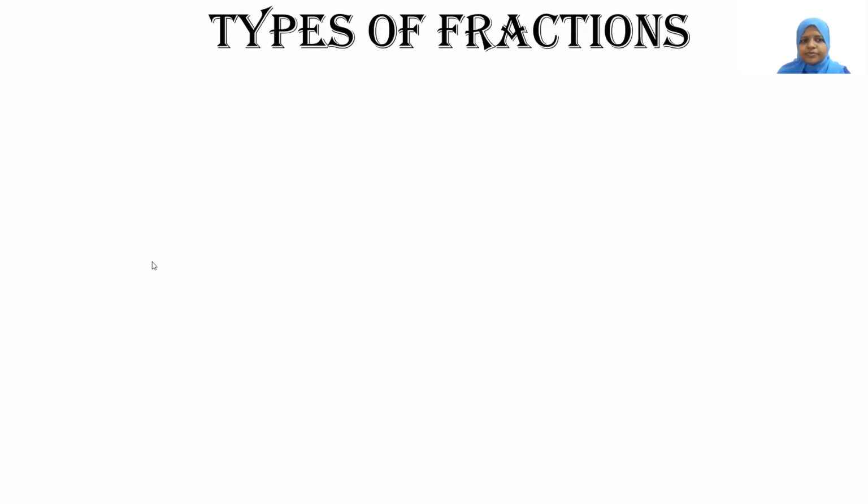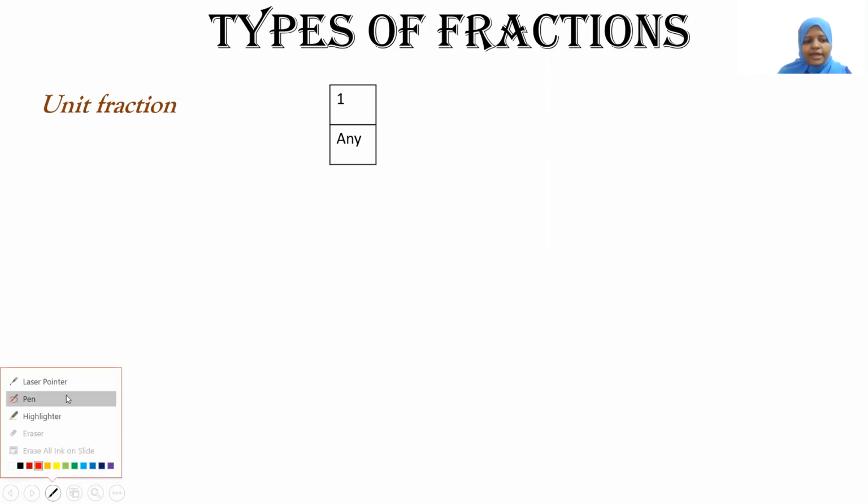Now first we'll look into the types of fractions. The first type we are going to talk about is the unit fraction. A unit fraction has the format I have given you here. The numerator will be 1 and the denominator can be any number.